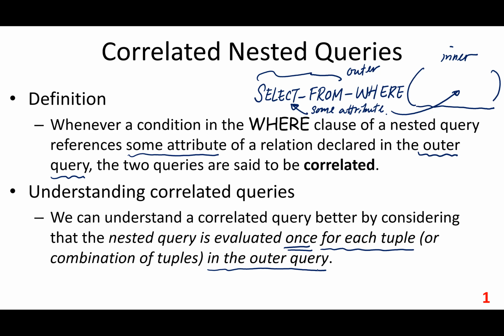Each tuple in the outer query, we can imagine there is a list of tuples. So let us imagine the outer query in general returns a list of tuples.